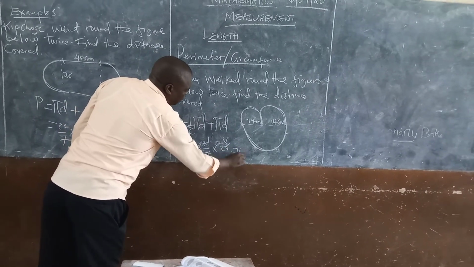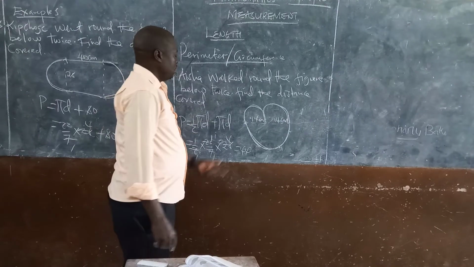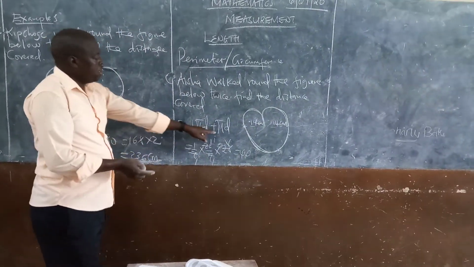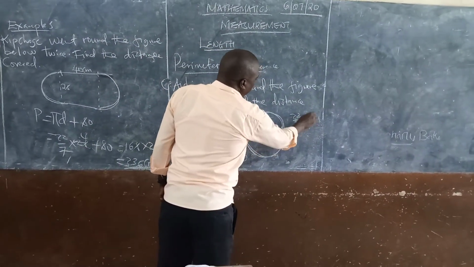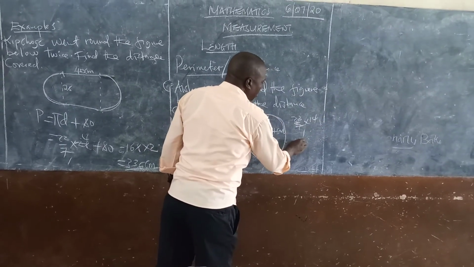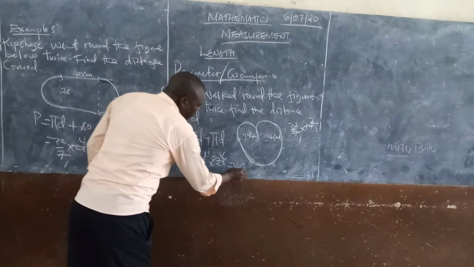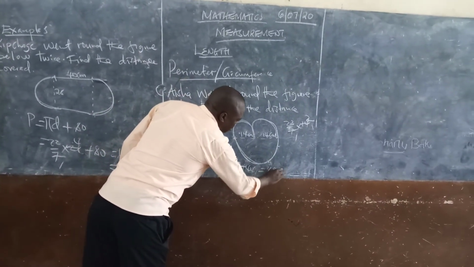So half of 28 is 14, and 22 times 2 is 44. Then the combination of the 2 semicircles is pi d, which is 22 over 7 times the diameter 14. 7 twos are 14, so that is again 44. So we are going to have 44 plus 44, and that is 88 centimeters.